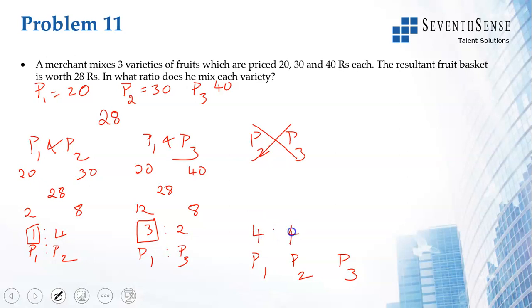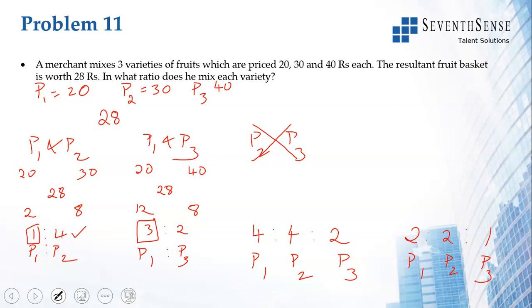P2 we get 4 because that is what is here, and P3 we get 2. 4:4:2 can also be simplified as 2:2:1. P1, P2, P3. Remember, if three varieties are mixed, the resultant price will be between the lowest price and the highest price, correct?